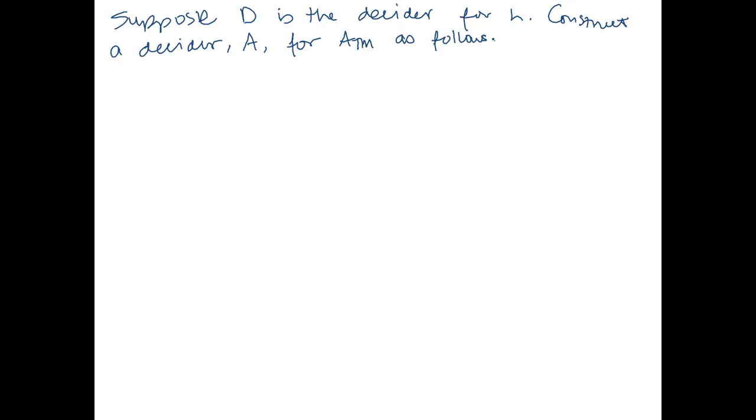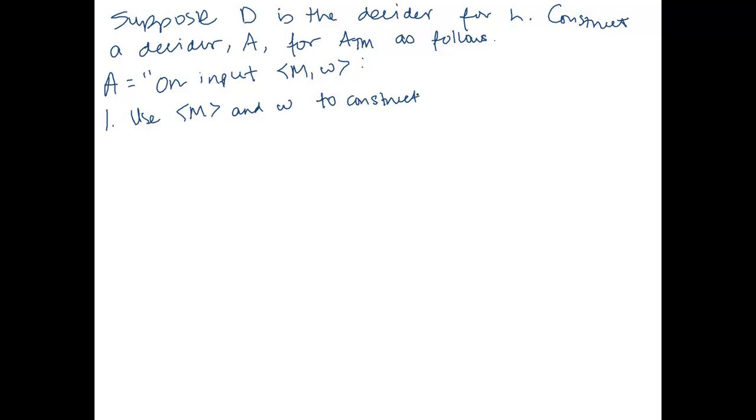What does A do? It gets input that looks like a machine description and then a string. We use the machine description M and the string W to construct a new TM, let's call it M prime. And M prime is going to accept all odd strings if and only if M accepts W.